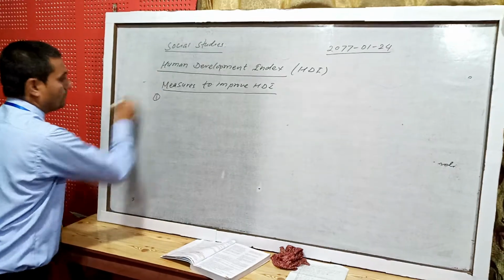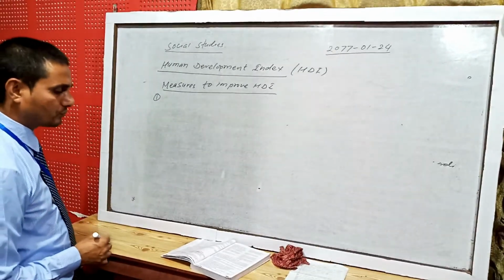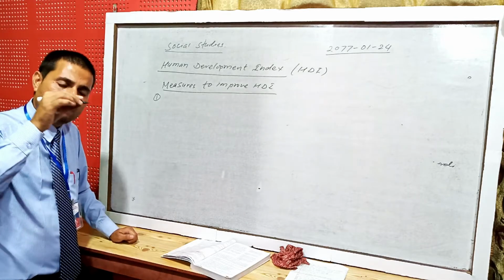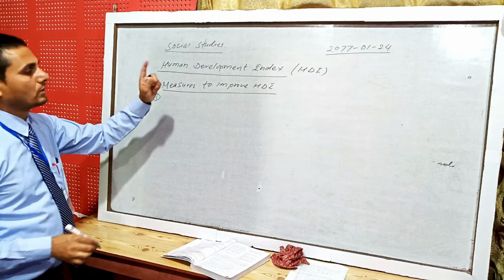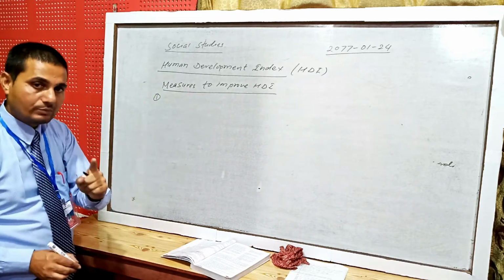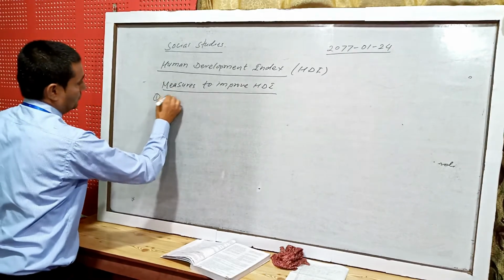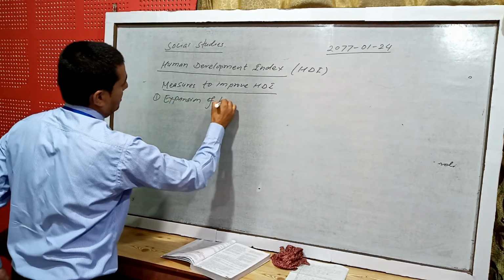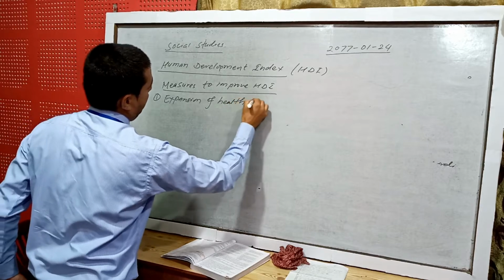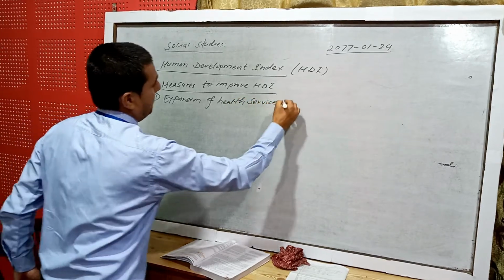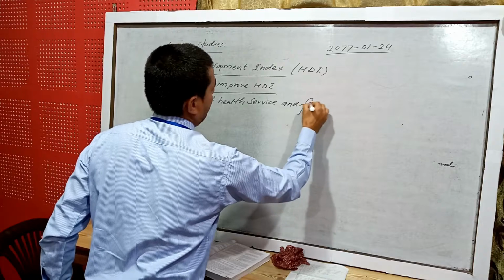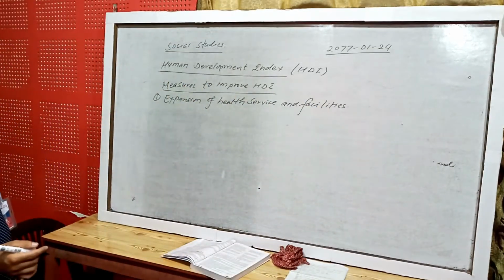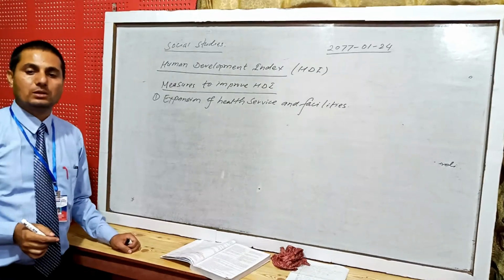Let me write some points. Measures to improve HDI. First and foremost, the sector to improve HDI is health: expansion of health service and facilities.